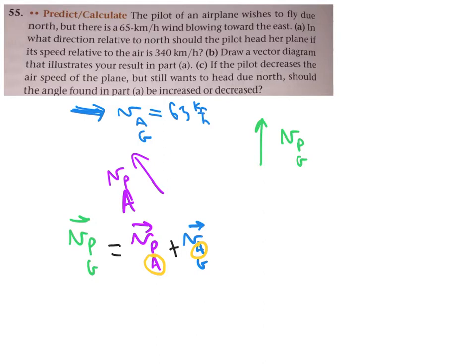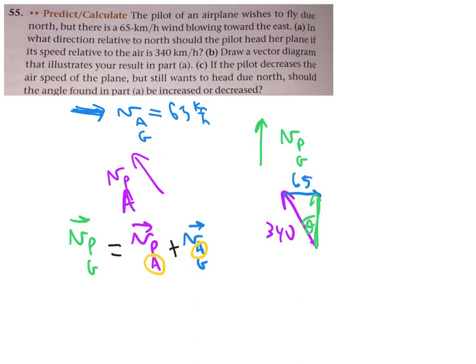Essentially, we're getting rid of the air as a reference frame by adding it in this way. So if we look at this graphically, this plus this has to go due north. And we're looking for this angle, and we're given that this is 340, but this is 65.